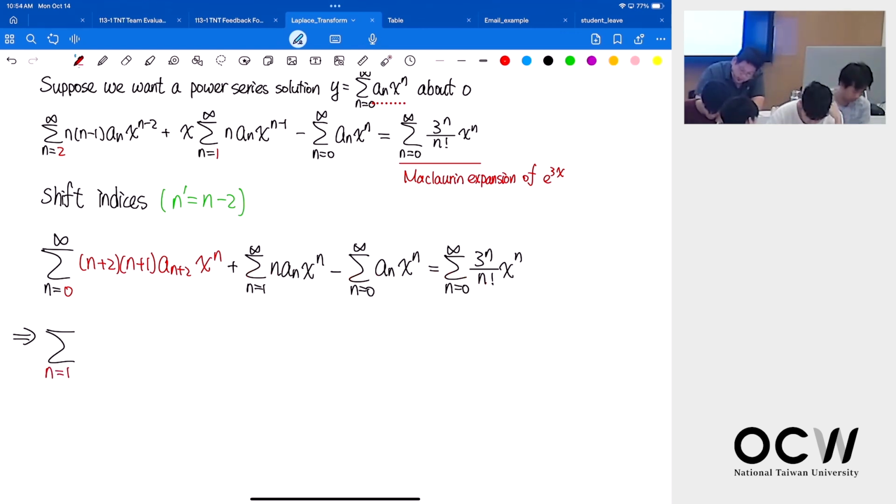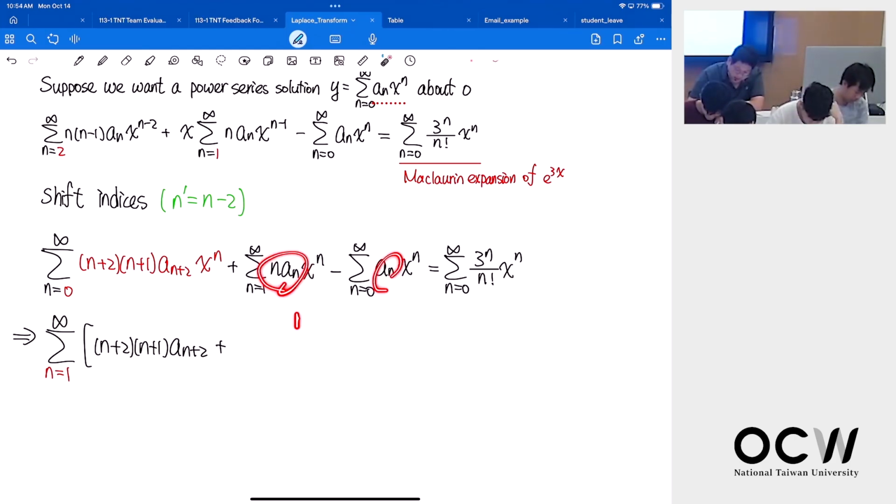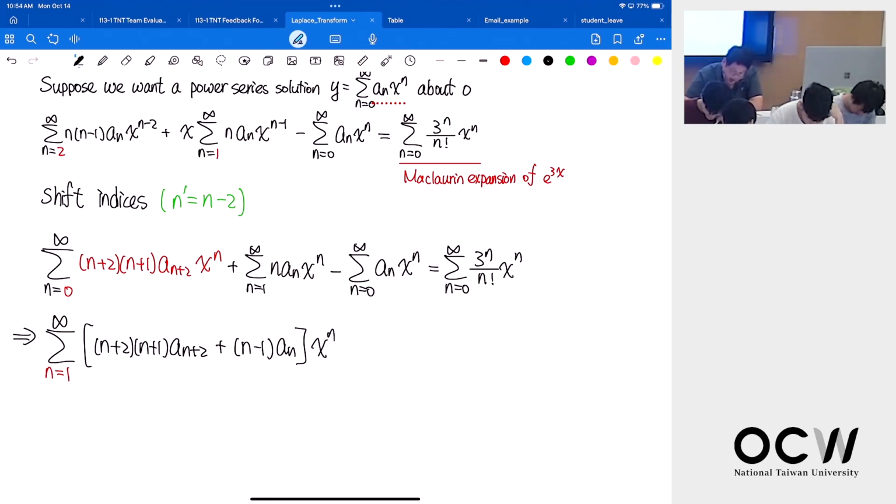Here, n from 1 to infinity. Then I have n plus 2 times n plus 1, the first term, and the middle one. There'll be n minus 1 times a_n, right? So here is n minus 1 times a_n. This is the coefficient for x to the n.